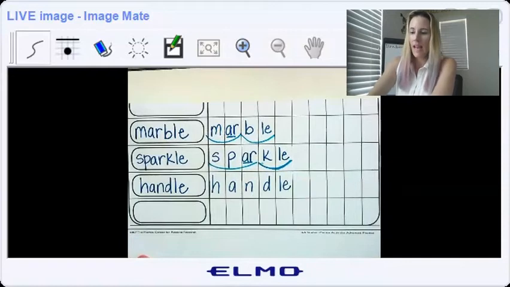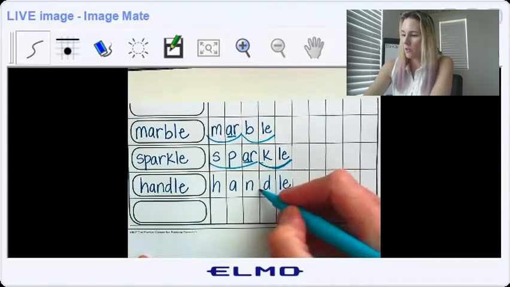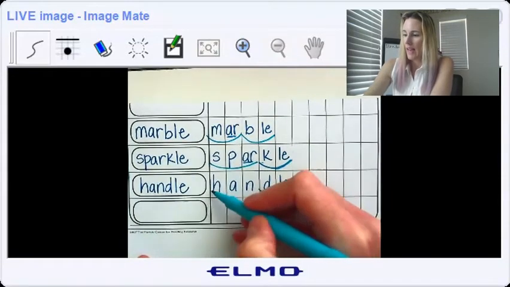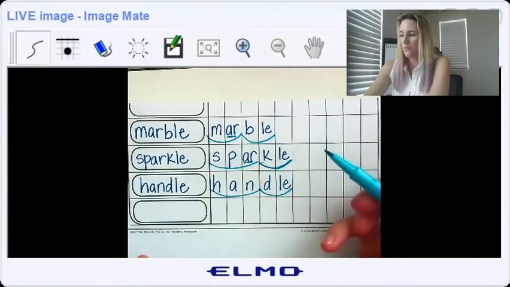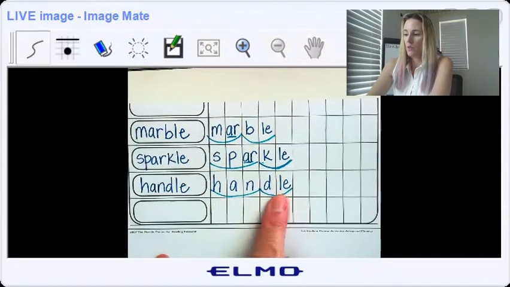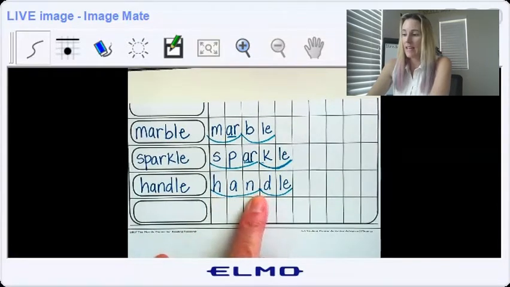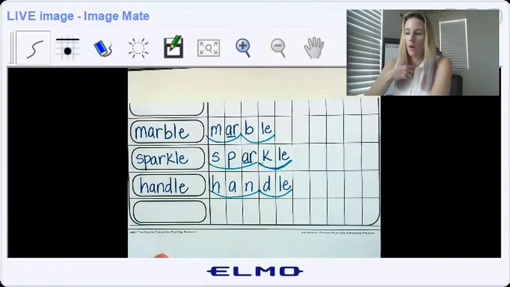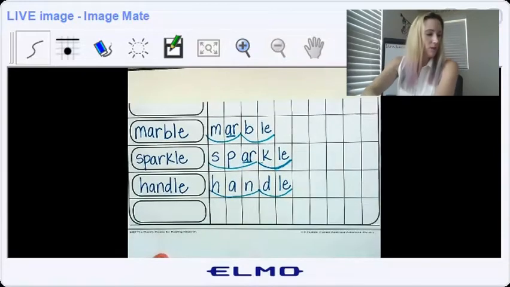So my dle is a syllable. Okay. This one is one of those words where it looks like it should be doubled and it's not. So we have a word here that's a little bit different than the other ones.